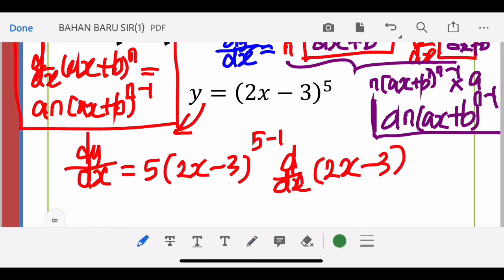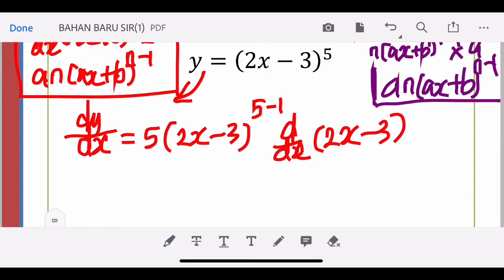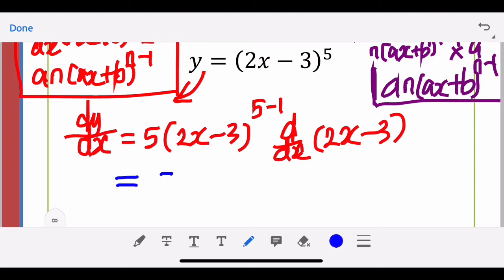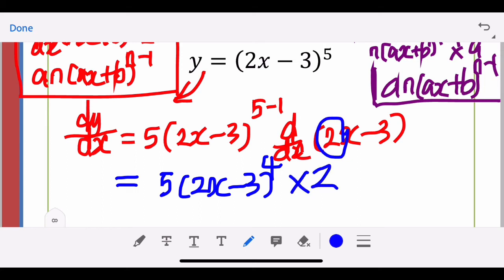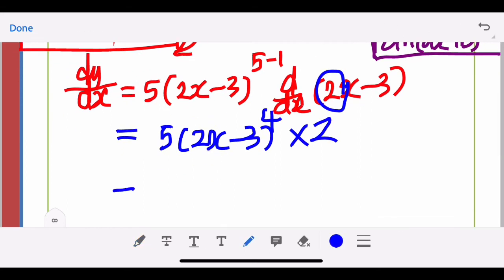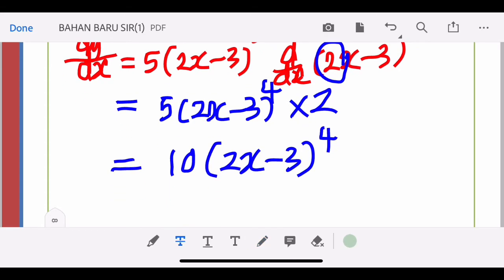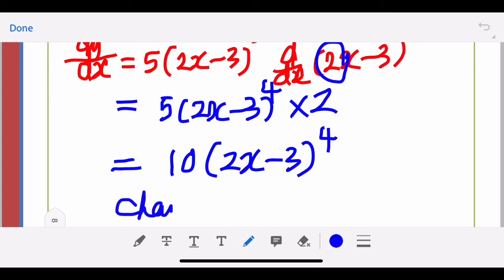If you differentiate 2x you get 2, and if you differentiate negative 3 you get 0. So it's 5 times (2x minus 3) to the power of 4 times 2. Finally you multiply the two numbers: 10(2x minus 3) to the power of 4. This is the final answer using chain rule.